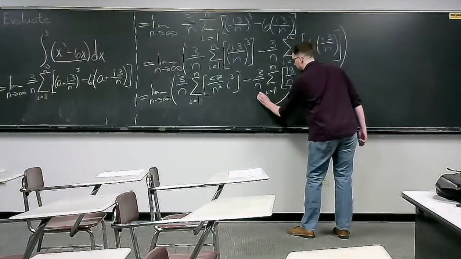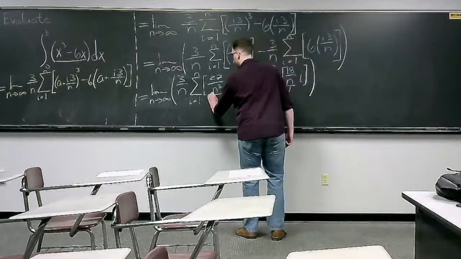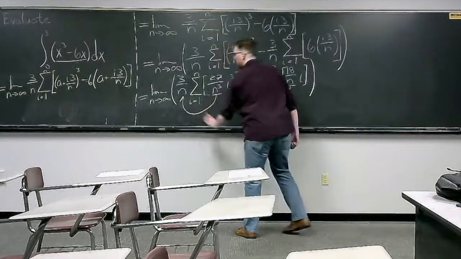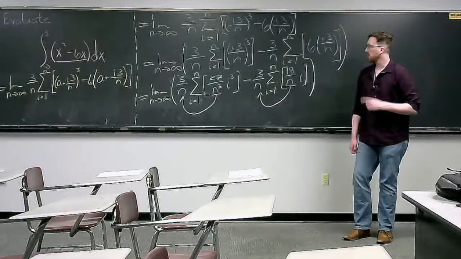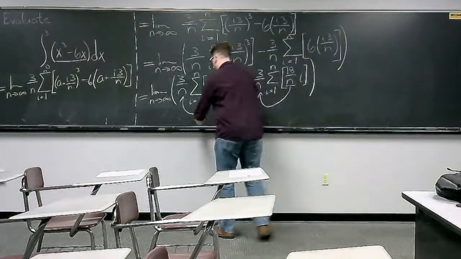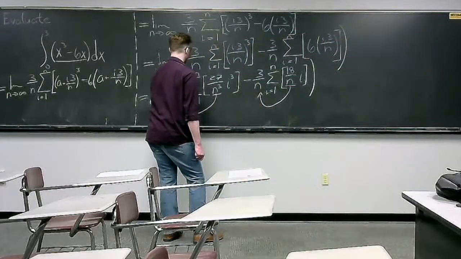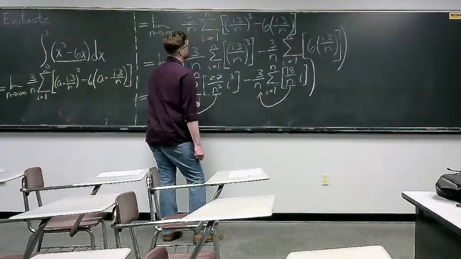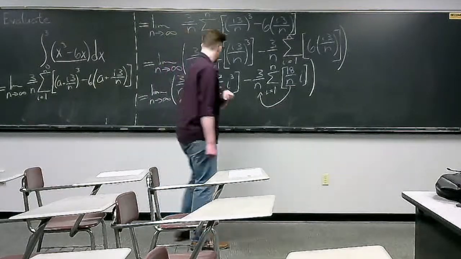is distribute those to their according 3 ends. In other words, we're going to have 27 times 3 is 81 over n to the 4th.